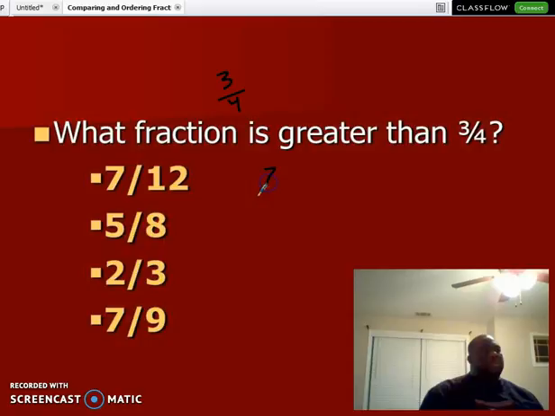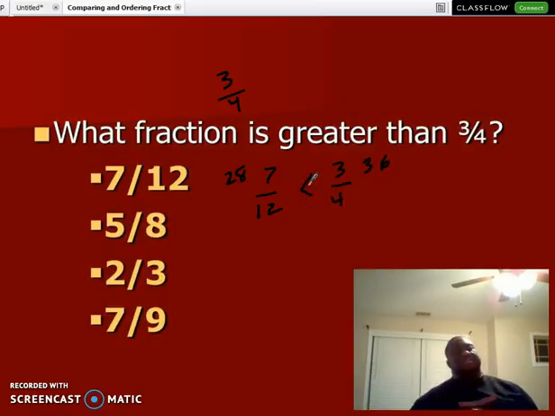So 7/12 and 3/4. And remember earlier we cross multiplied. 4 times 7 is 28. 12 times 3 is 36. So we know that is less than.